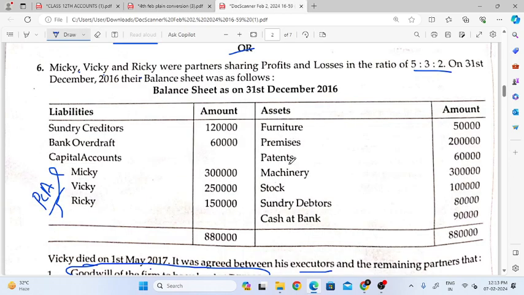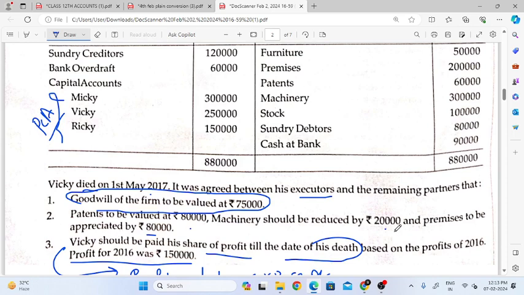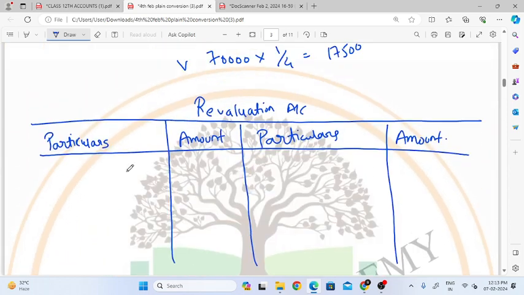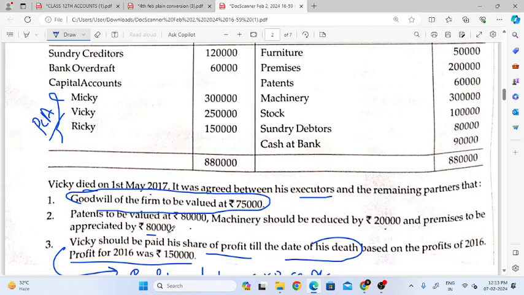Then next, patents. What they have told with regards to patents is to be valued at 80,000. So it means that we have to take patents over here. Patents to be valued at 80,000. So by patents, because there is an increase in the asset, by patents 80,000. Then machinery should be reduced by 20,000.